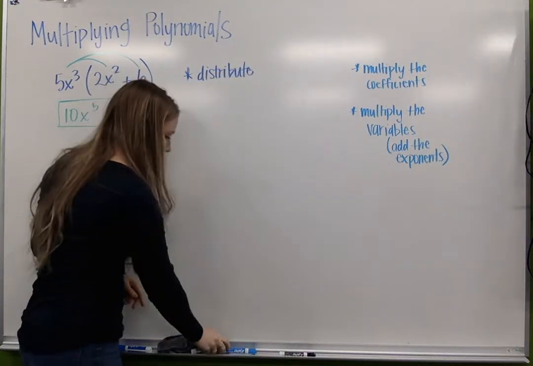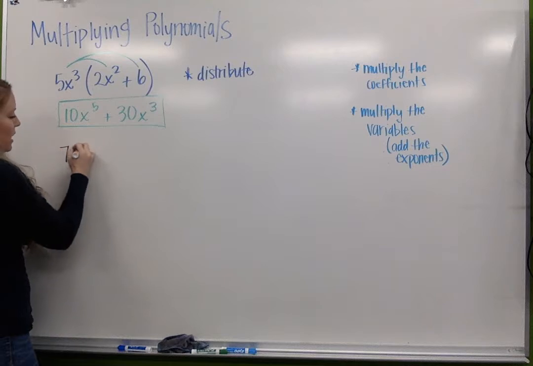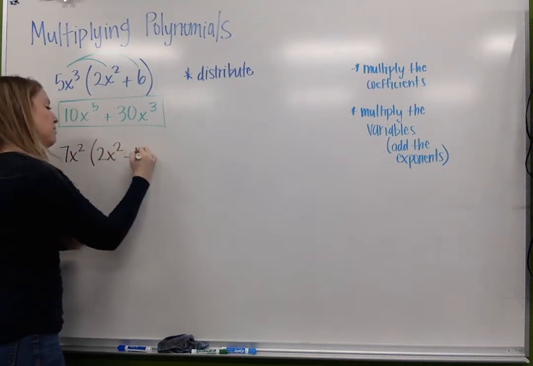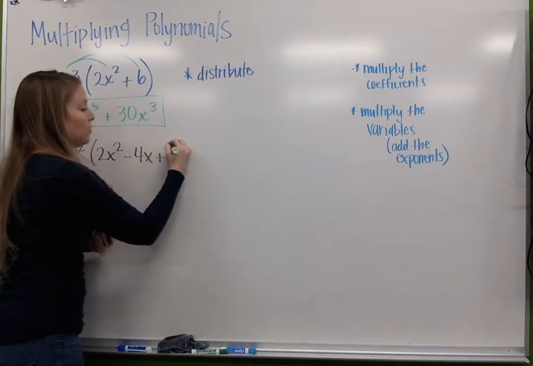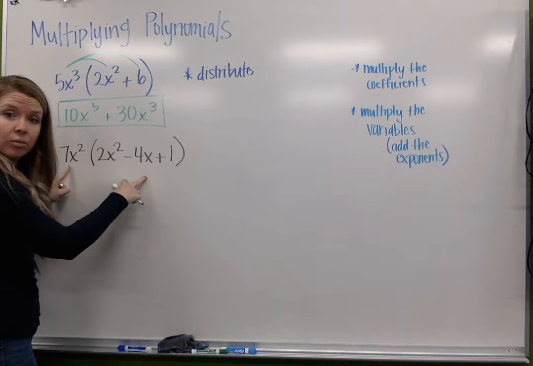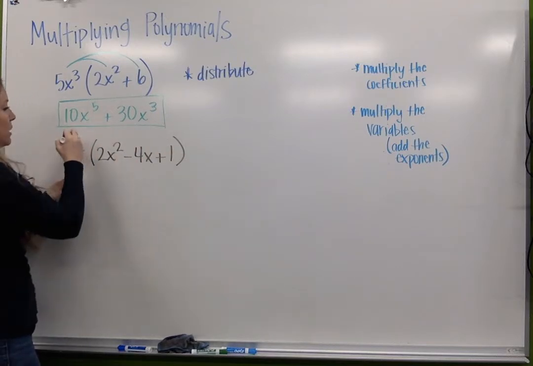We could up this just a little bit, and we could make this 7x squared times 2x squared minus 4x plus 1. Now we have a monomial times a trinomial. We're just going to distribute the multiplication 3 times.